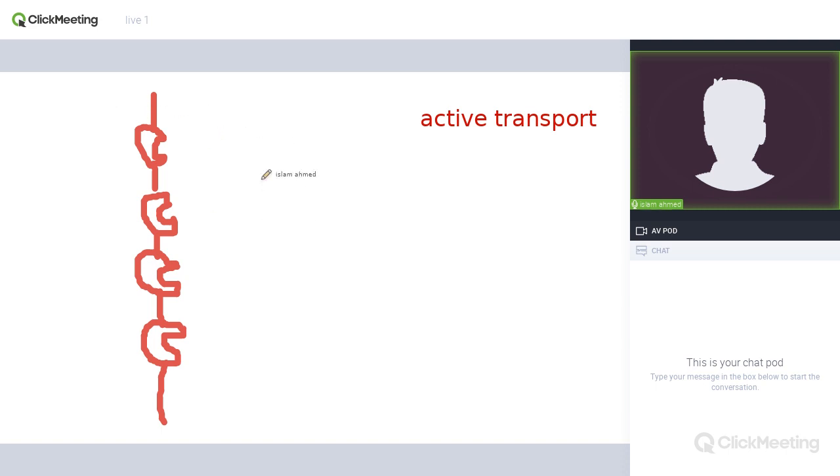So maybe for the substance that we are going to enter into the cell, the concentration outside is less than the concentration inside. So here it is less and here high. With the normal passive diffusion process, the substance moves from high concentration to low concentration. However, for active transport, it's the contrary process. The substance moves from low concentration to high concentration. This is the first thing.